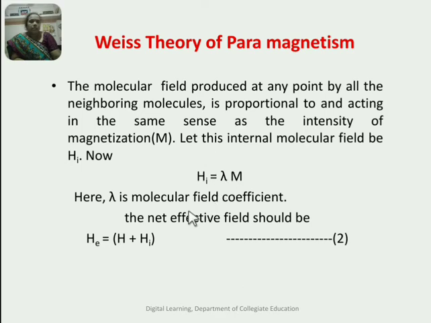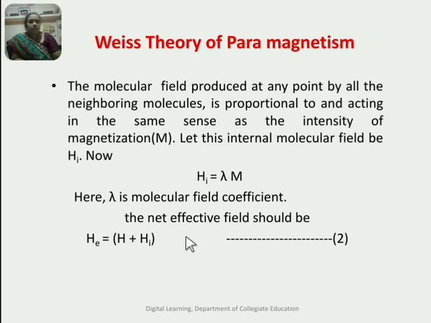Then the external field H acts upon the field. Therefore, the net effective field should be given like this: He is equal to H plus Hi. Here H is the external field and Hi is the internal molecular field.